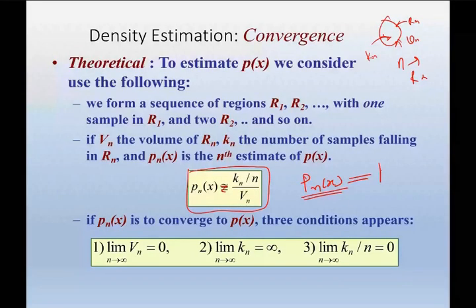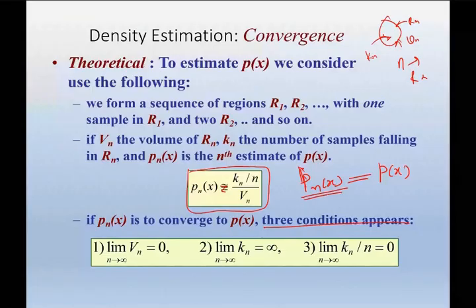We have to satisfy these three conditions. The limit of n tending to infinity, Vn should shrink to 0. That means if you have an infinite number of samples, then the volume should tend towards 0.